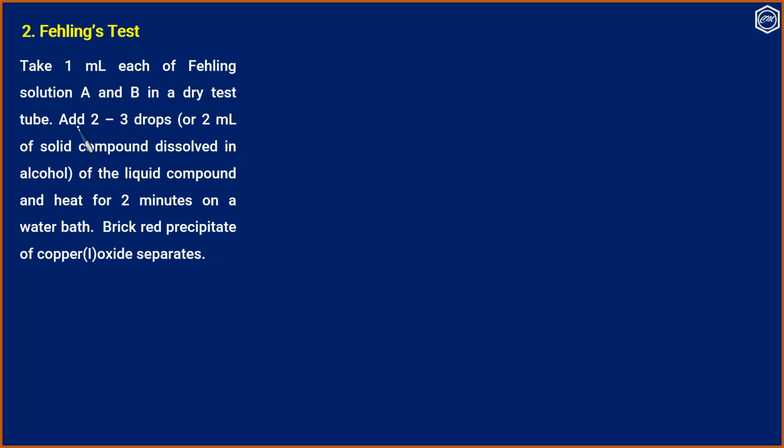However, aromatic aldehydes do not show a positive Fehling's test. For doing the Fehling's test, we take 1 ml each of Fehling solution A and Fehling solution B in a dry test tube and add 2-3 drops of the liquid compound and heat for 2 minutes on a water bath. If the given compound is a solid, dissolve it in alcohol. Appearance of a brick red precipitate of cuprous oxide shows the presence of an aldehyde.